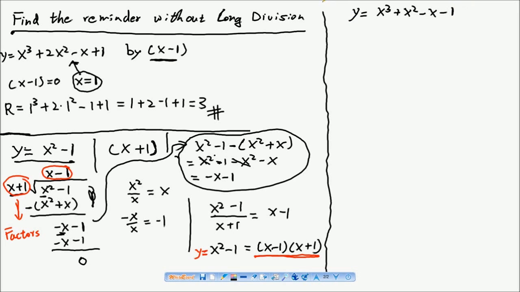If I want to factorize this equation into the form of y equals (x plus a number)(x plus another number)(x plus another number), this is called factorization.